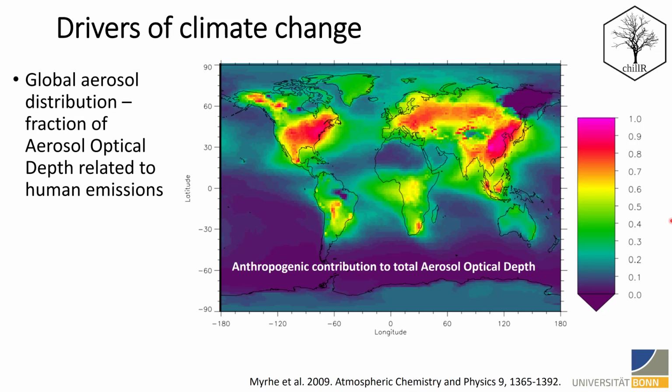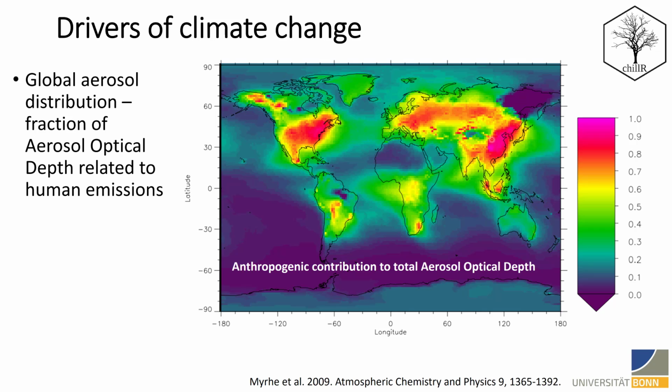The distribution of aerosols is not homogeneous in the atmosphere. You can see in this map here the distribution, or rather the aerosol optical depth, as it's called, which is an indicator of the amount of aerosols that we have in the air. And you see really bright spots here, red areas, even purple areas in the major industrial centers of the Earth.